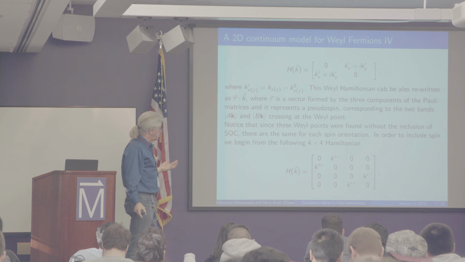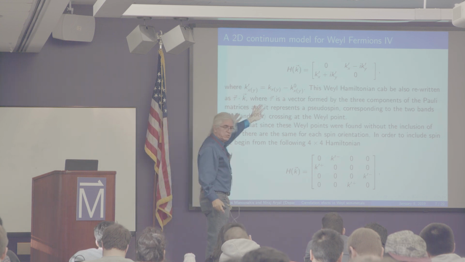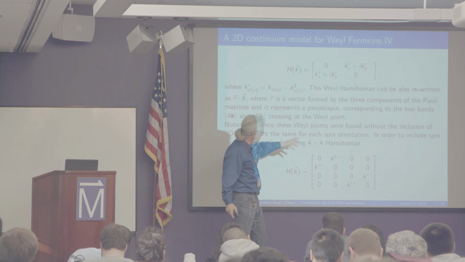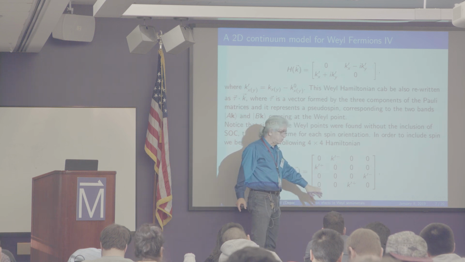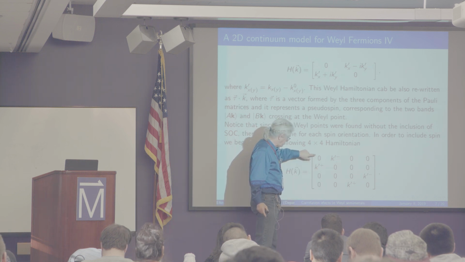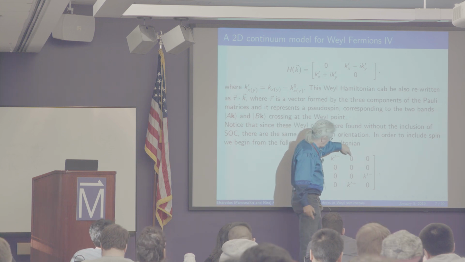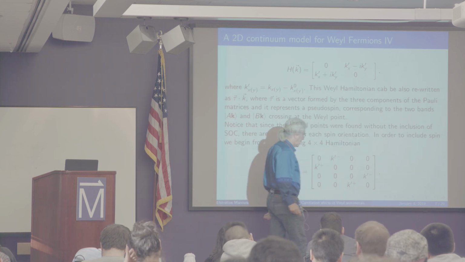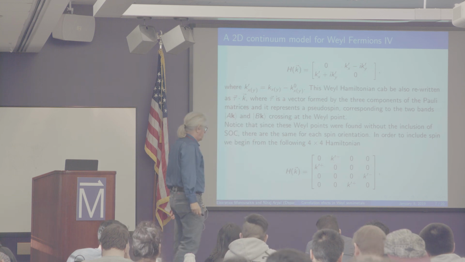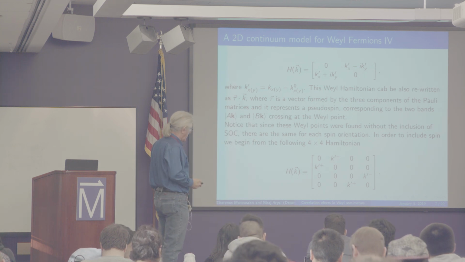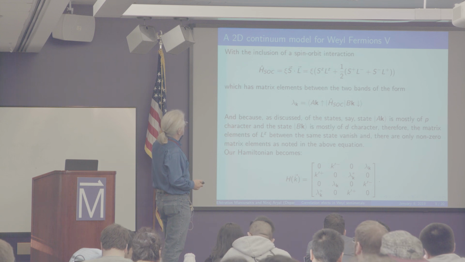Okay. Now, because I want to introduce spin, and this has no spin, this is a pseudo-spin. Now I want to introduce spin, so I make my matrix 4x4, with A up, B up, A down, B down, and so I have a 4x4 Hamiltonian. And now I want to introduce spin-orbit coupling.